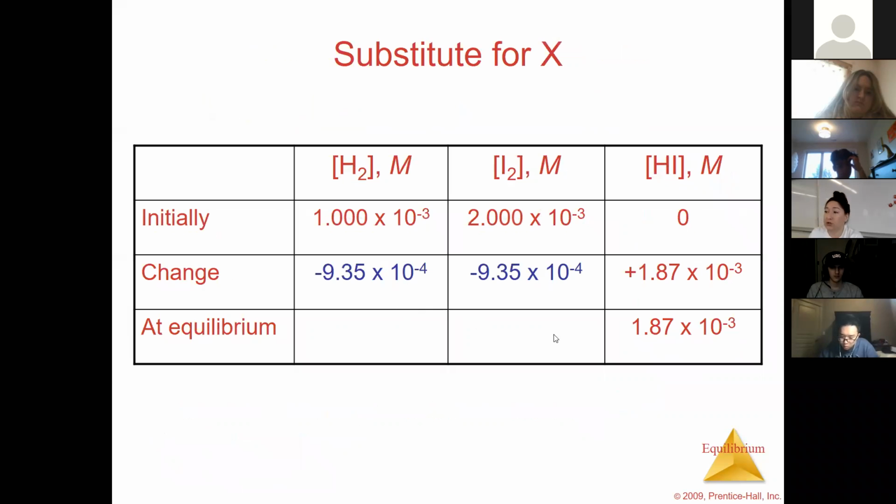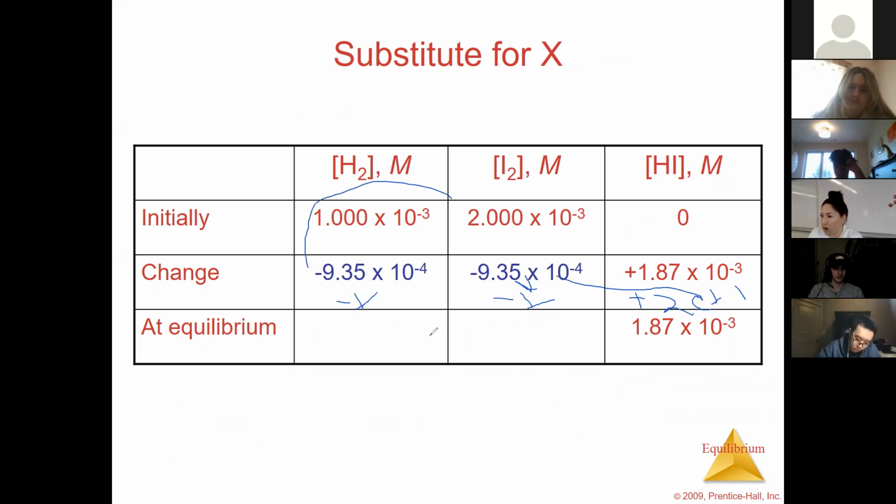So now I substitute in what I know for x. This was already 2 times x here. This was my minus x plus 2x. And we just substituted this in for x.